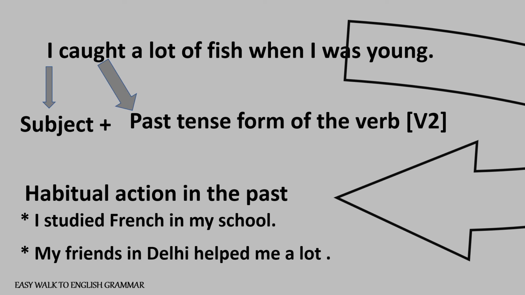But most probably the speaker is not in Delhi now, but he or she wants to express the idea that he or she was helped by his or her friends when he or she was in Delhi, and the action stopped there. It's not continuing, but it regularly happened in the past. So it's well clear we can use simple past tense to indicate habitual action in the past.